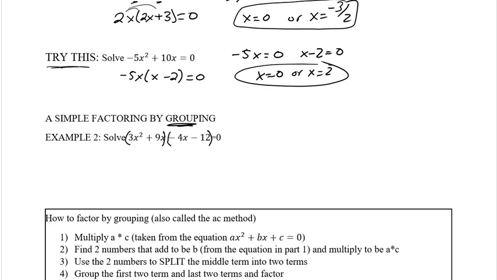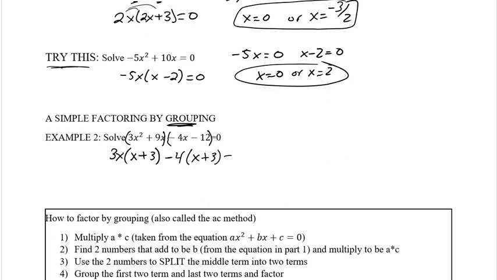Then there is something I can factor out of the first group, which is 3x, and I'm left with x plus 3. Now out of the second group, I see that a negative 4 goes into the first term, and it also goes into the second one, and I end up again with x plus 3.